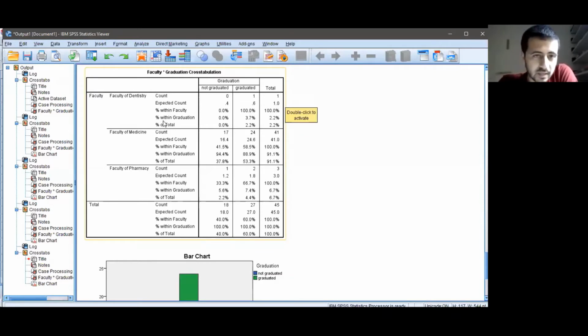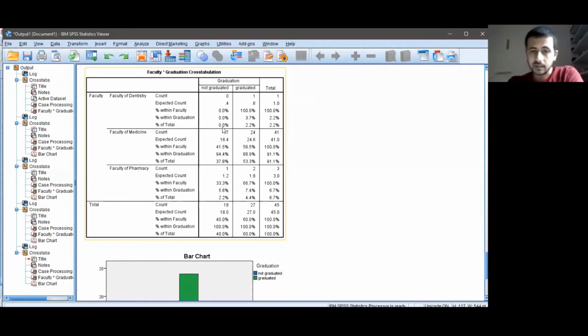Okay, what is the next one? Within graduation. So the second one, 0, and the second one, 94, and the second one, 5.6, will make the second one 100. Okay, so the second one will be the percentage out of the column.